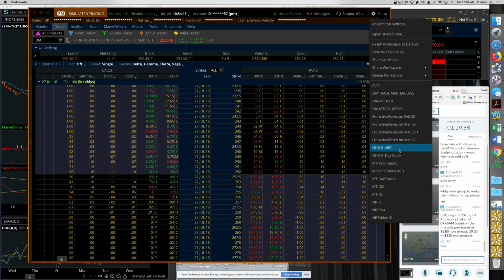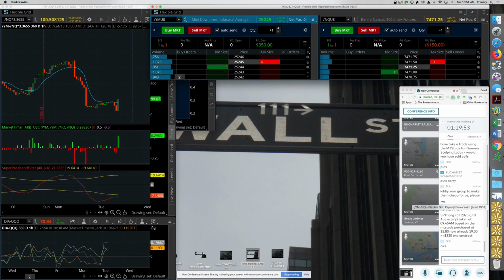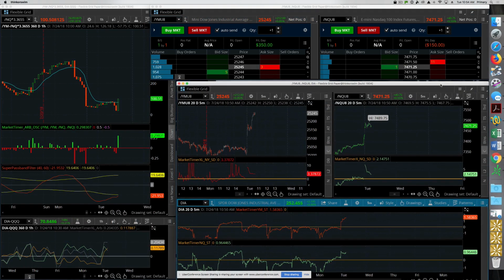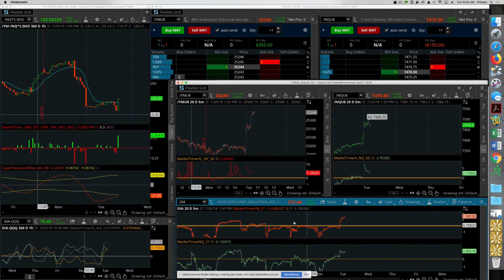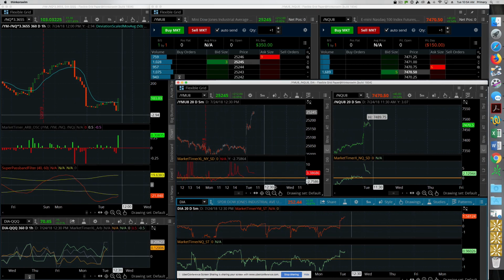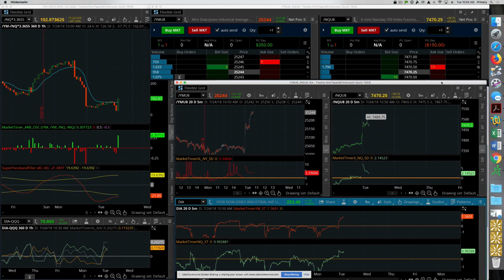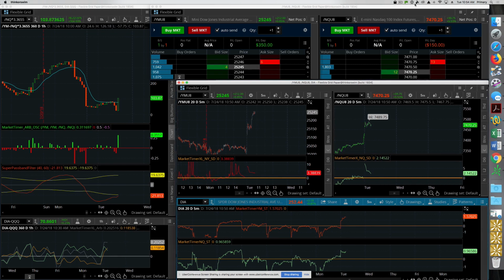So on this one, I've got the market timer ARB set up in TOS, and I've got the market timer XL. The market timer XL is the one that I used last Thursday. The market timer ARB is the one I'm using today. And if you guys get these scripts, for the strength index and for the supply and demand index and for the arbitrage script, I'll make sure I include my setup on all of those for you.